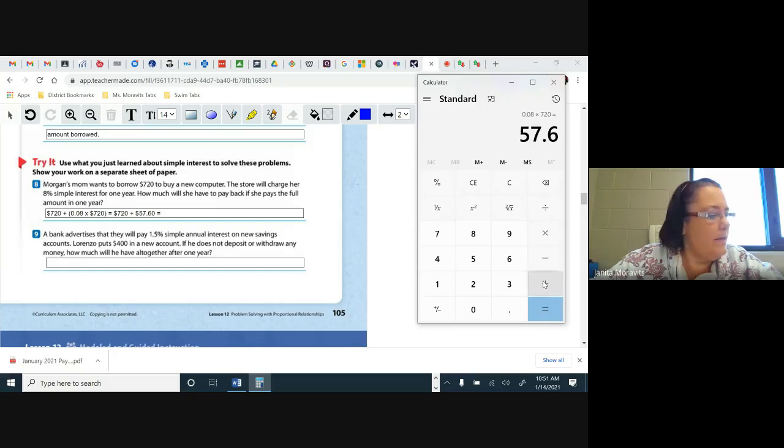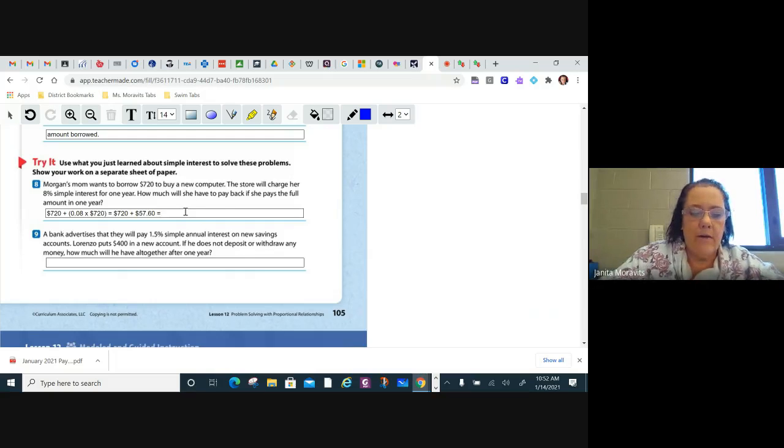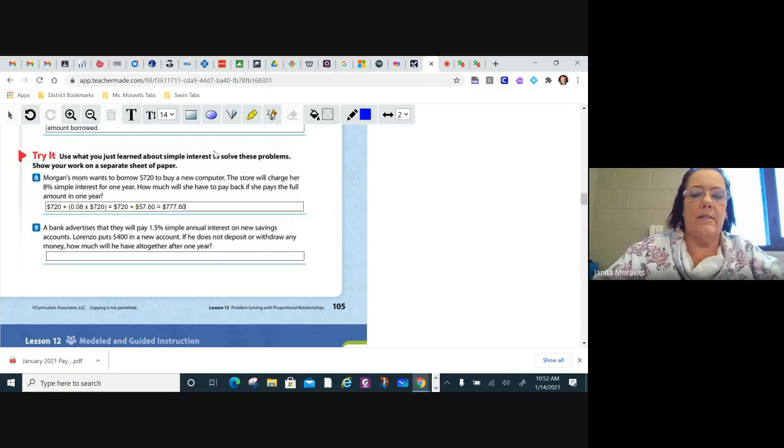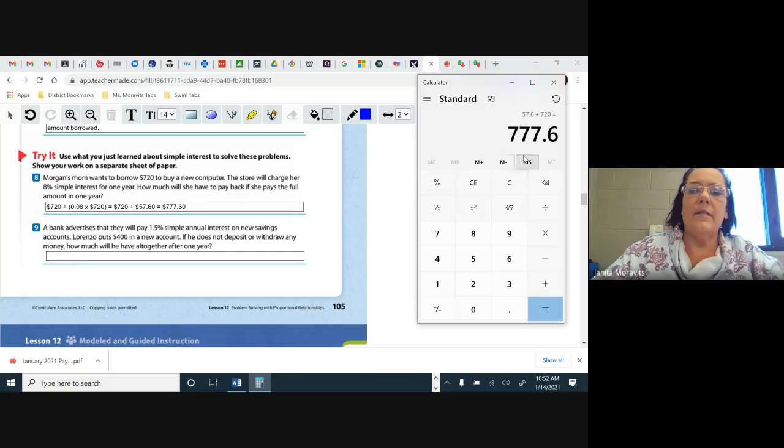Now we're going to add back the 720. So she's going to pay a total of $777.60. Again, so that you can see that on here, $777.60.